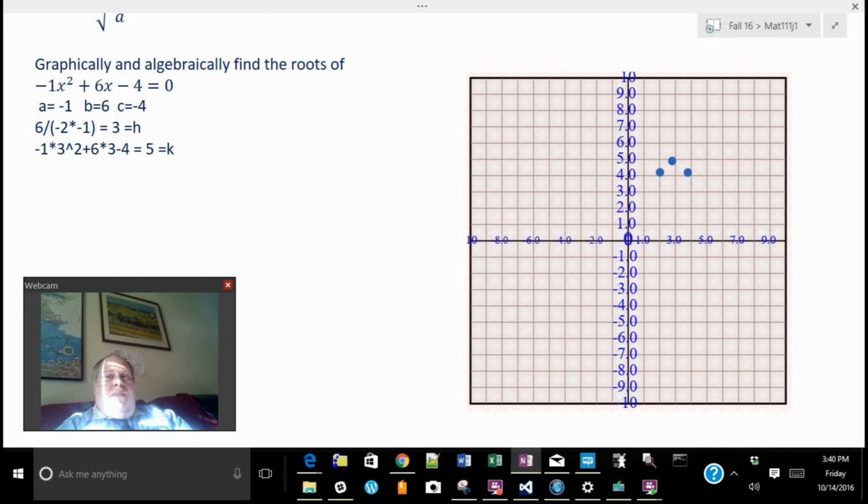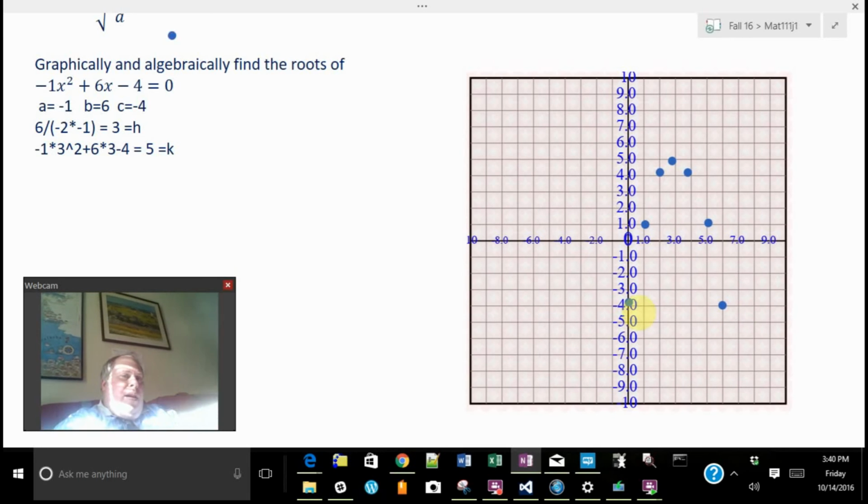Now, -1 times 2 squared, -1 times 4, I go over 2, down 4. -1 times 3 squared, over 3, from the vertex, always from the vertex, down 9 to -4.